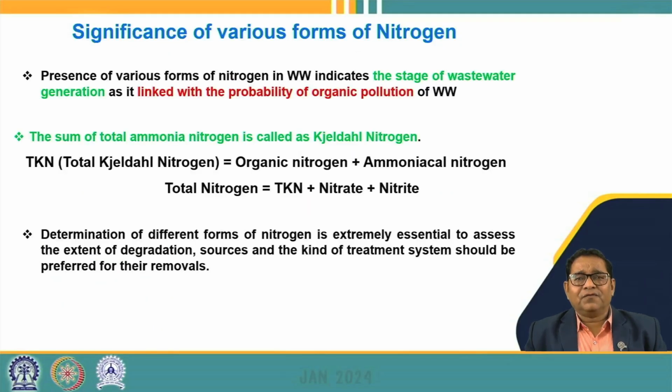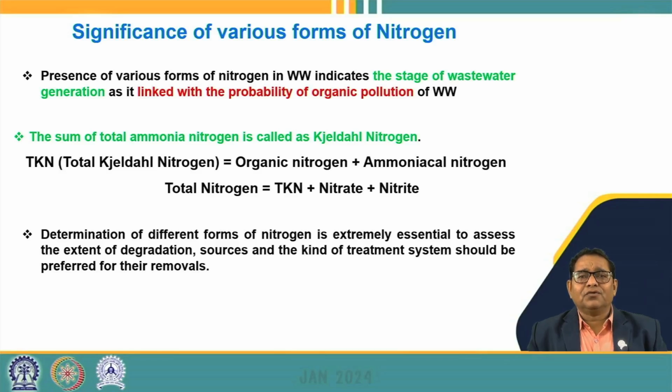So the presence of various forms of nitrogen in the wastewater indicates the stage of wastewater generation, and it is linked with the probability of organic pollution. A complete measurement of organic nitrogen and the ammoniacal form of nitrogen in the wastewater sample is done by another parameter called total Kjeldahl nitrogen, which is the addition of organic nitrogen and ammoniacal nitrogen.